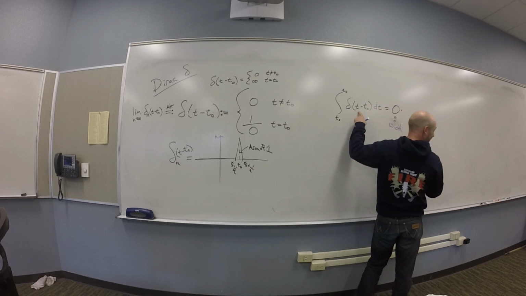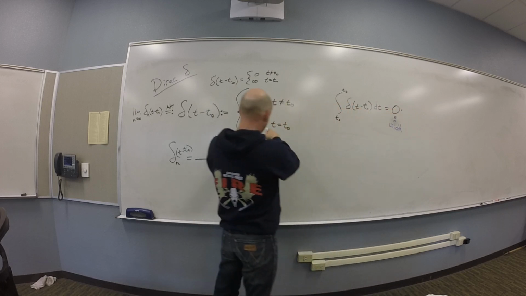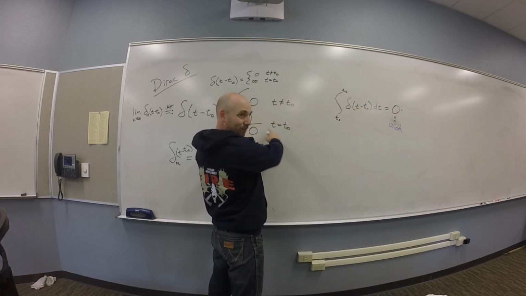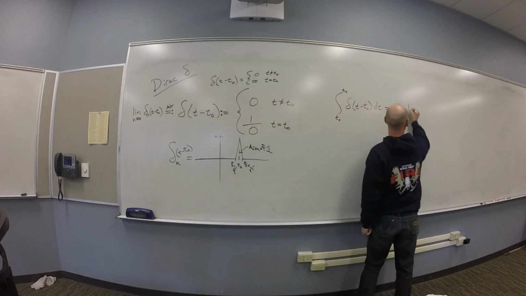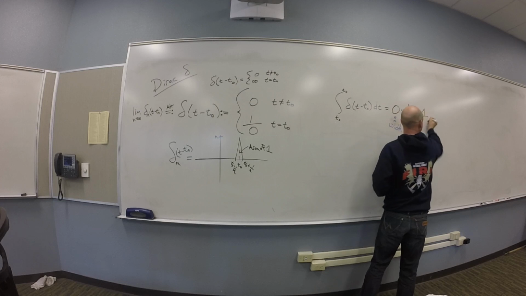The height of this rectangle at t naught is 1 over 0. And they cancel, so you get 1.